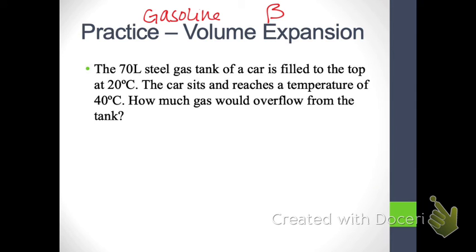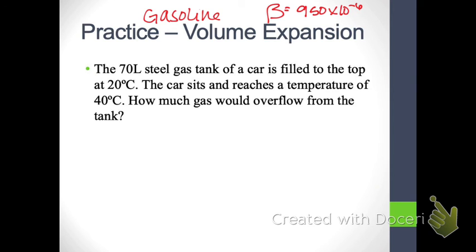The beta value for that is 950 times 10 to the negative 6th. Okay, so beta value for gasoline equals 950 times 10 to the negative 6. You don't need the linear coefficient for gasoline because you won't have solid gasoline that's getting longer.